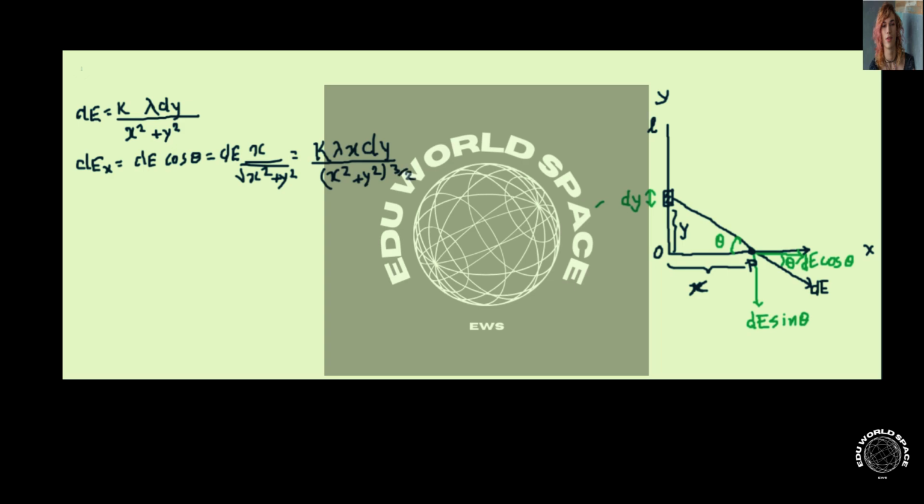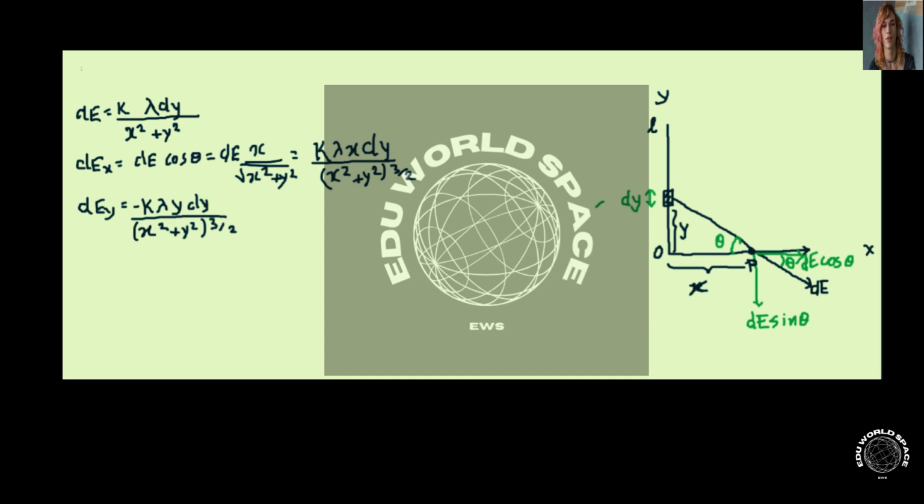Now similarly, the component along y, that is dEy, will have sin theta in it, with the same process. That sin theta will give me y upon root under x squared plus y squared. So the expression will be k lambda y dy upon x squared plus y squared to the power 3 by 2, right? But since it is directed downwards, I can write this as negative.